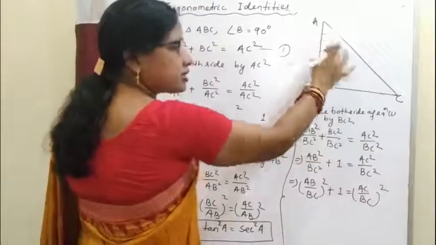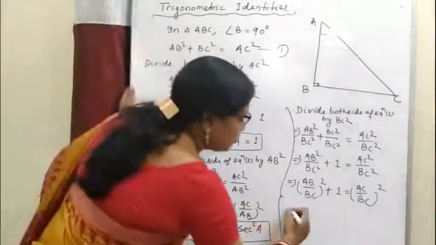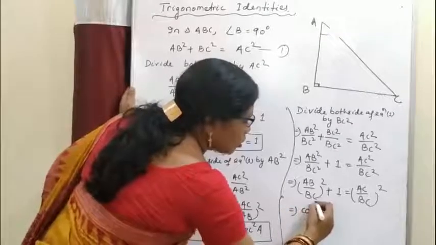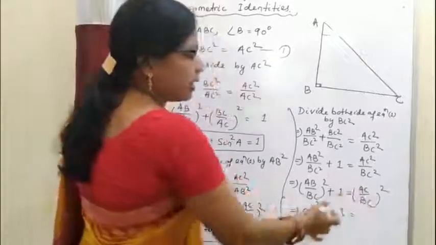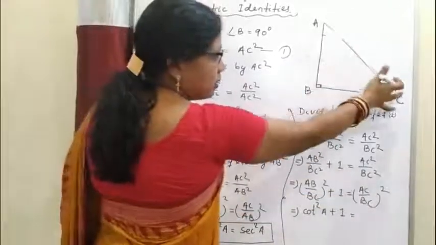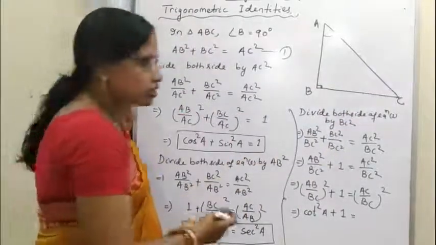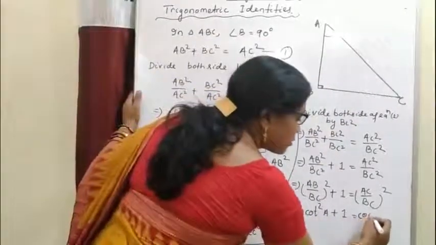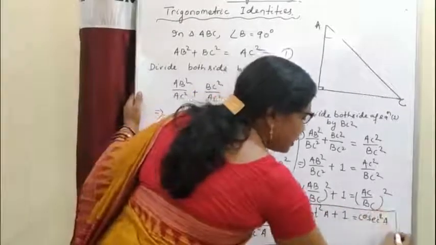That means adjacent side by opposite side, so this is cot. So this is cot square A plus 1. And AC by BC: AC is the hypotenuse and BC is the opposite side, so this is cosec square A. So this is our third identity.